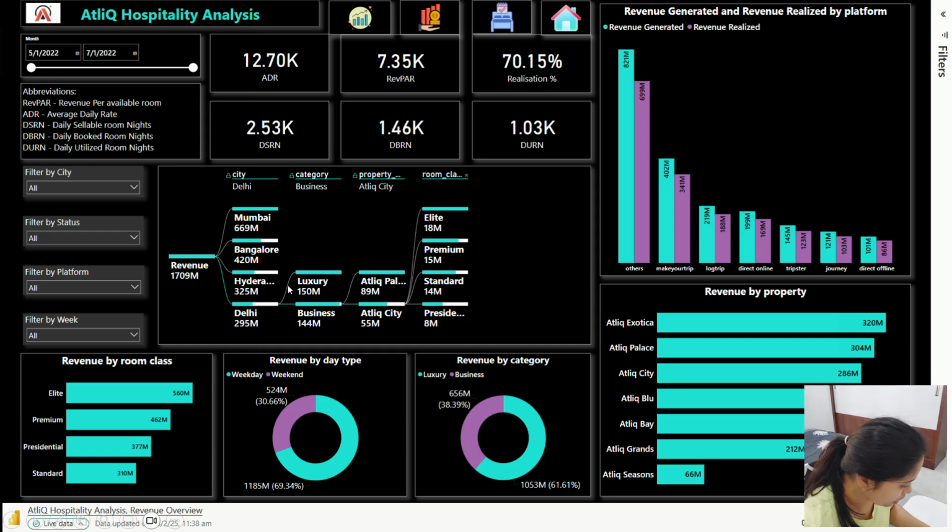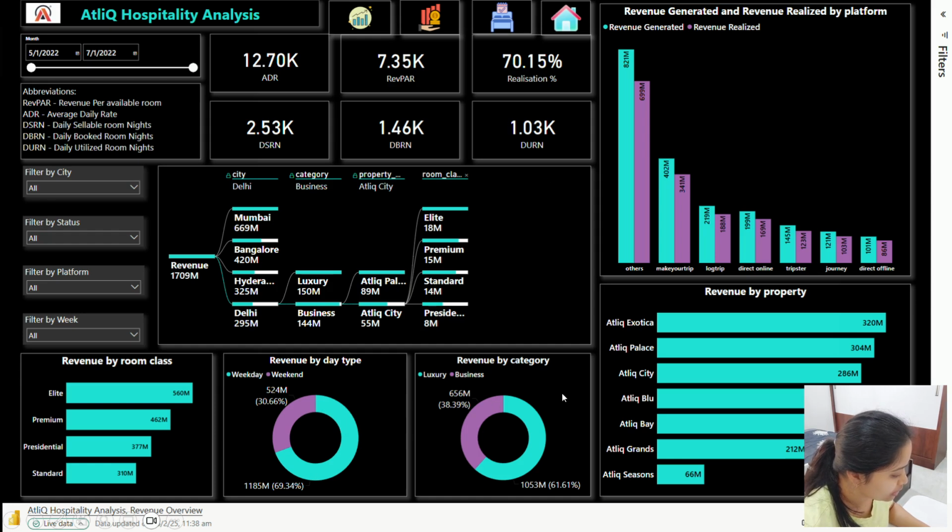Next, we have a bar chart here for revenue by room class. Elite rooms are the premium, pricey rooms, so we get higher revenue from them. And this is the revenue by day type. Weekdays have more revenue, and weekends have about 30% of revenue.